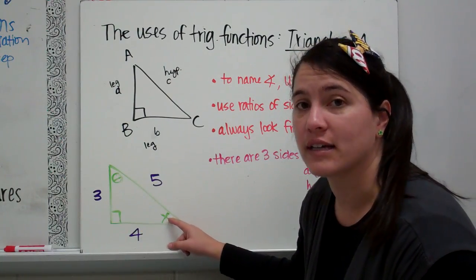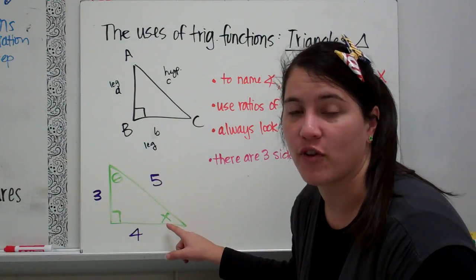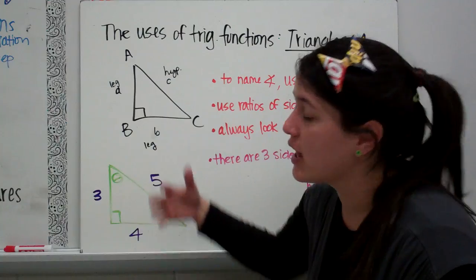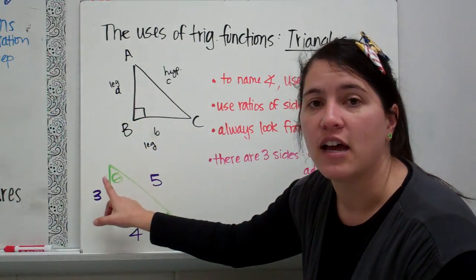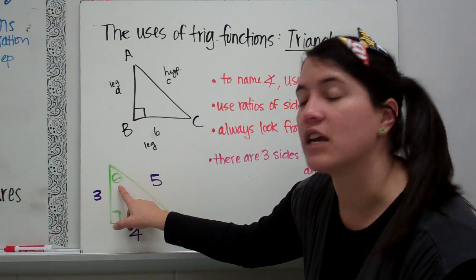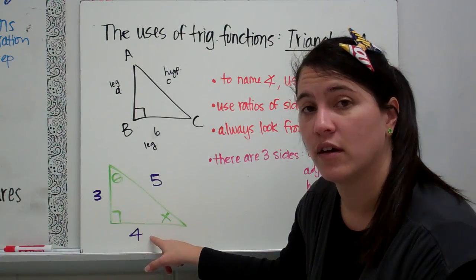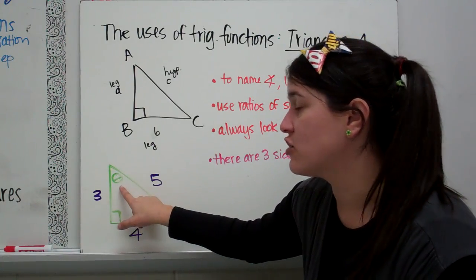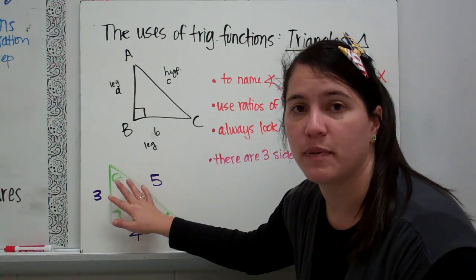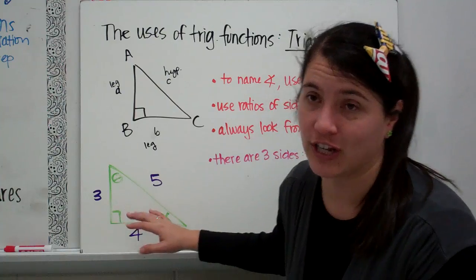So from angle X, this is opposite, and from angle X, this is adjacent. Now, from the perspective of angle theta, here's angle theta. If I asked what's opposite of angle theta, the opposite would be 4. If I asked you the adjacent to angle theta, then that would be 3. So it all depends on what perspective you're looking at.